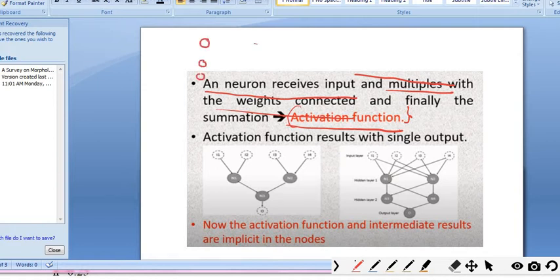We have input neurons, say 3 inputs, some hidden nodes, and an output neuron. All these are connected with each other, and each of the edges will have some weight, so we assign some weight values. The input of a neuron multiplied by the weight gives the value for a hidden node.